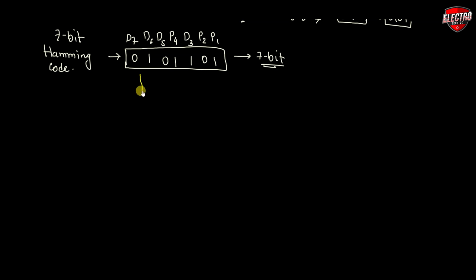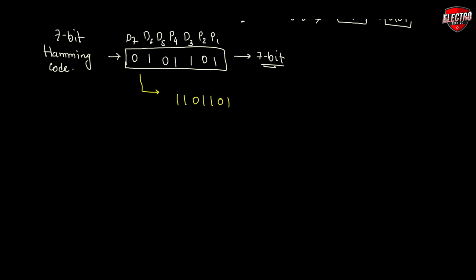If we transmit these 7 bits from transmitter to receiver, and due to noise or unwanted signal, the message signal is converted from 010101 to 110101.